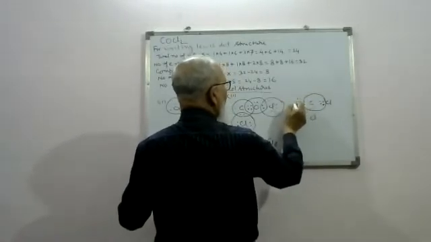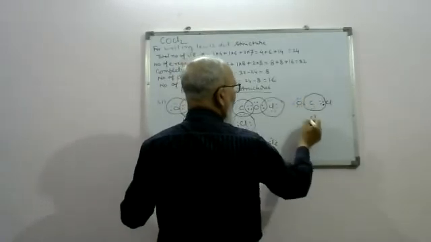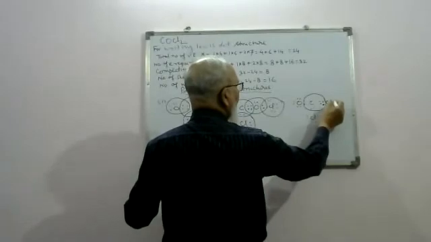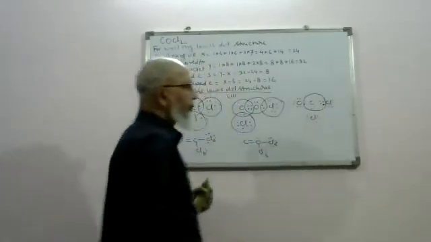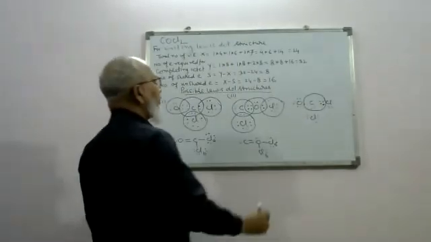So 2, 4, 6, 8, 10, 12, 14, 16. Total number of unshared electrons.